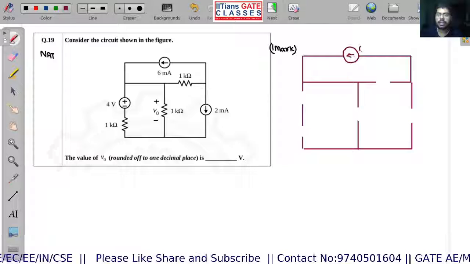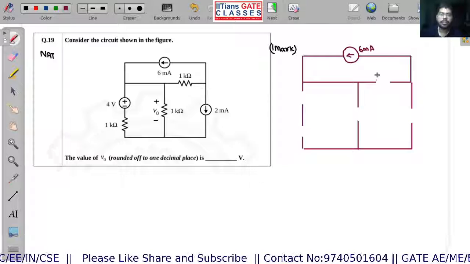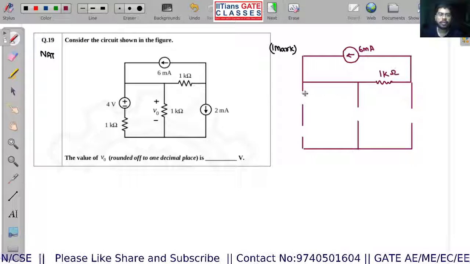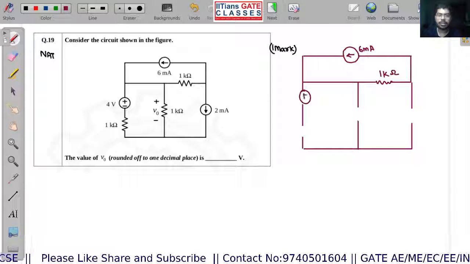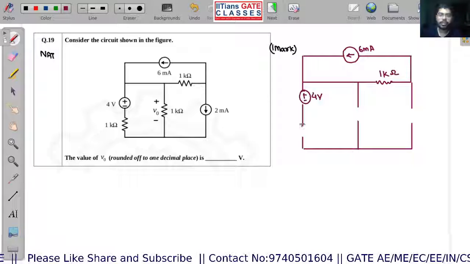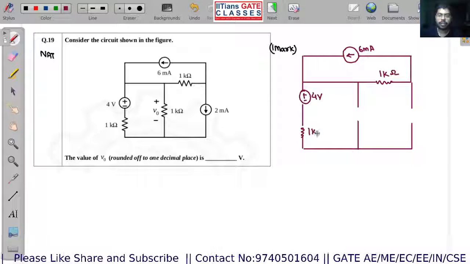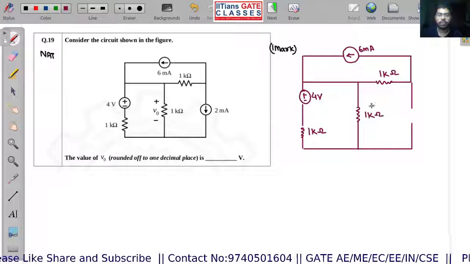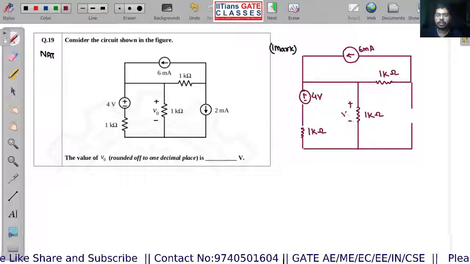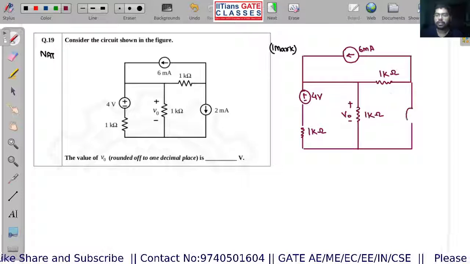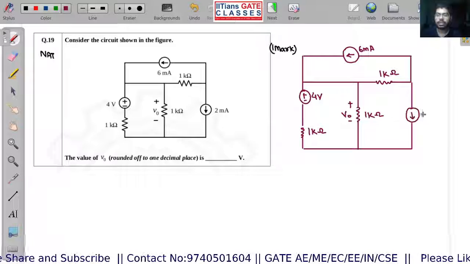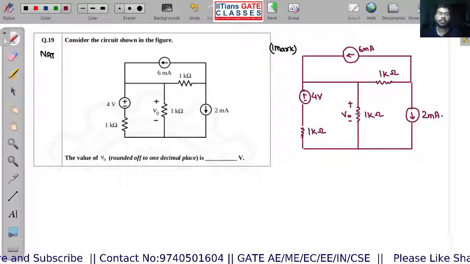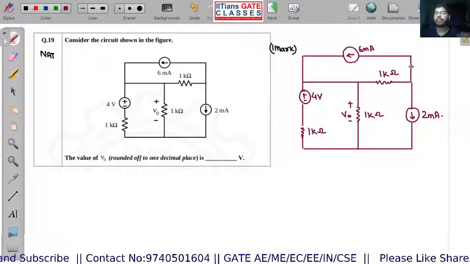This is 6 milliampere. This is 1 kilo ohm. This is 4 volt. 1 kilo ohm. This is also 1 kilo ohm, plus minus V naught. And this is our 2 milliampere. Okay. So they have asked what is this V naught. So simple, very simple question.